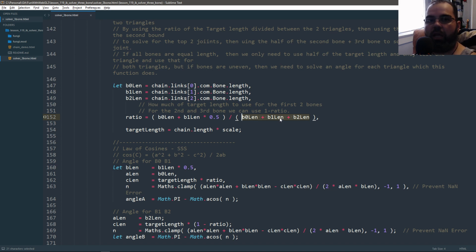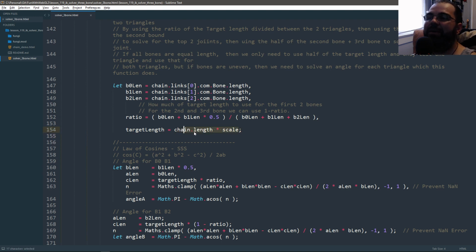Instead of using chain.length like I do for other solvers, I'm purposely creating the length of just the 3 bones I'm working with. That's probably why I end up calling this the 3-bone solver, because I'm going to specifically only target the first 3 bones of any chain. So it doesn't matter how long the chain is.